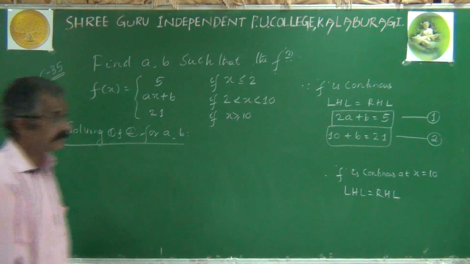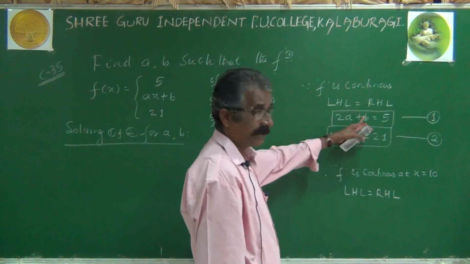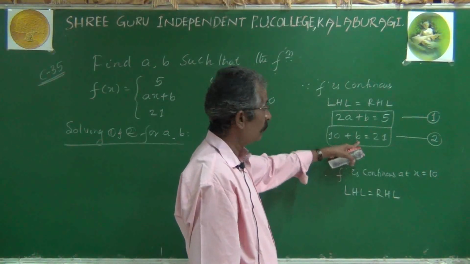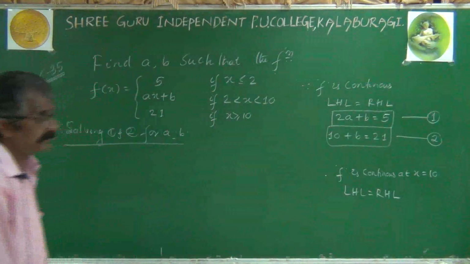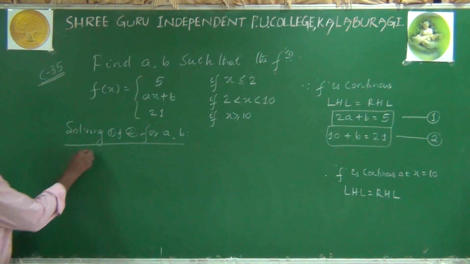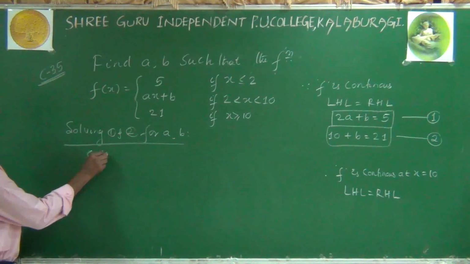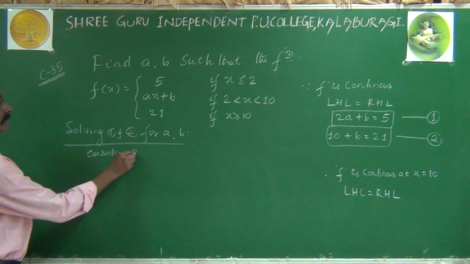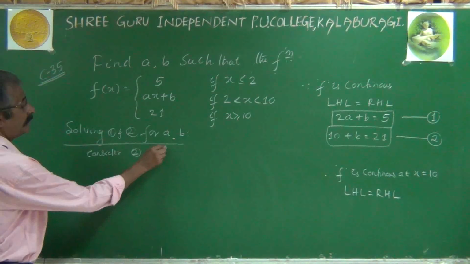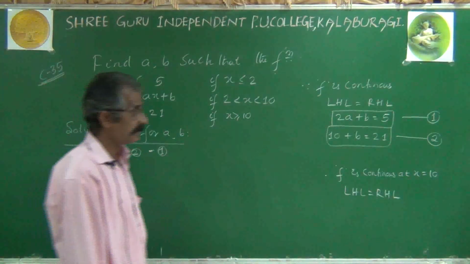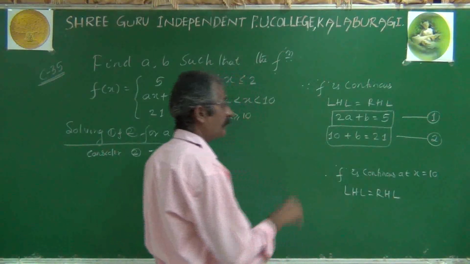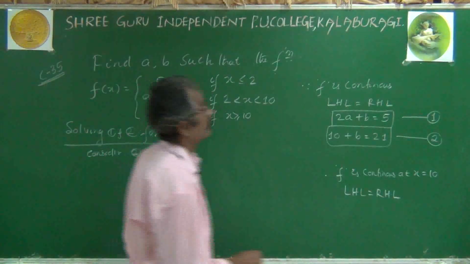And for that case, directly we shall subtract them, because when you subtract, b will get cancelled out easily. Consider equation 1 minus equation 2 or equation 2 minus equation 1, it does not make any impact on the result. So let's take equation 2 minus equation 1.